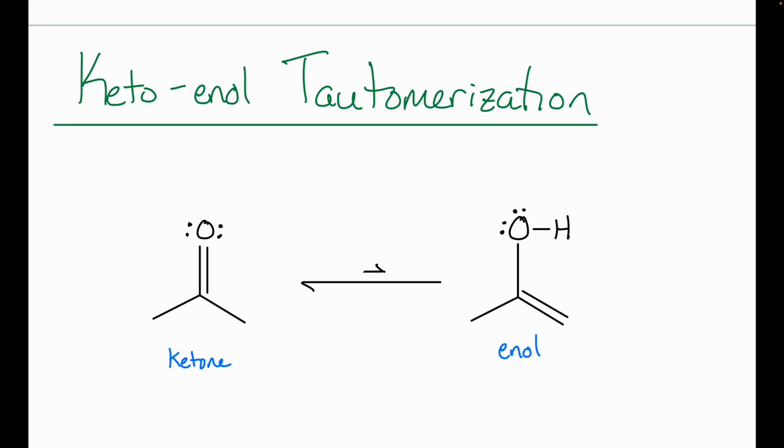So if you froze time at any moment and zoomed in and started counting, you would find the vast majority of your molecules are in this ketone form with a very, very small subset in this enol form. And this is what's called a tautomerization, which is an internal rearrangement.